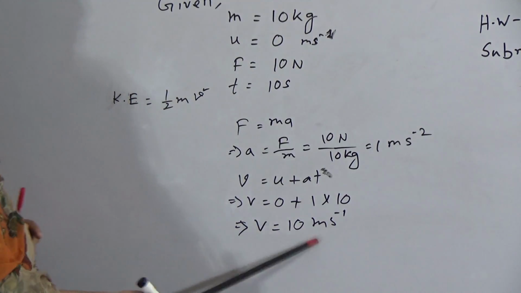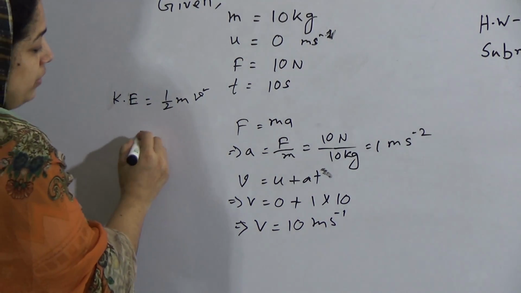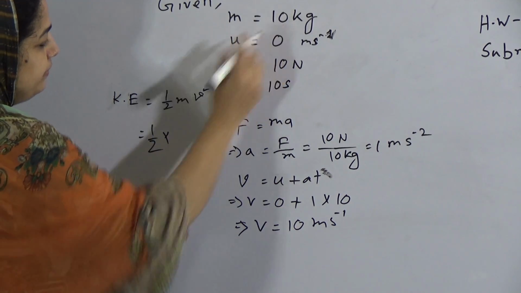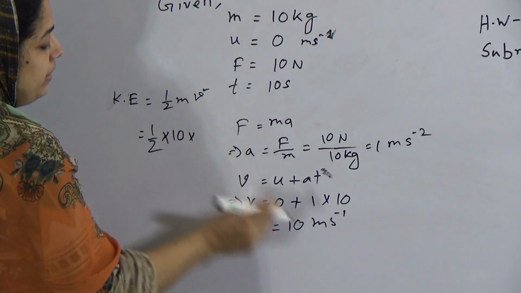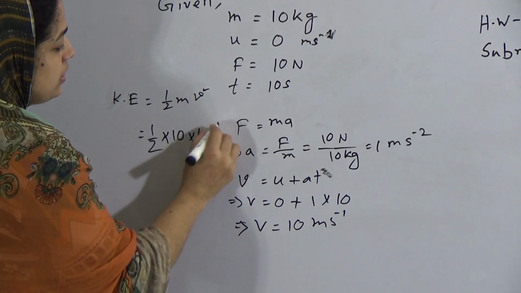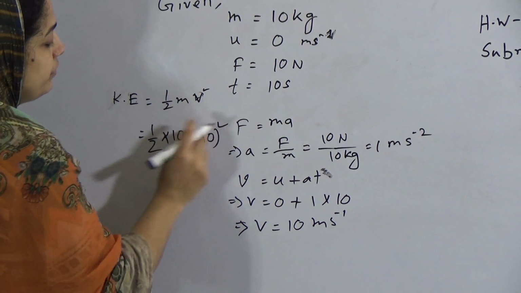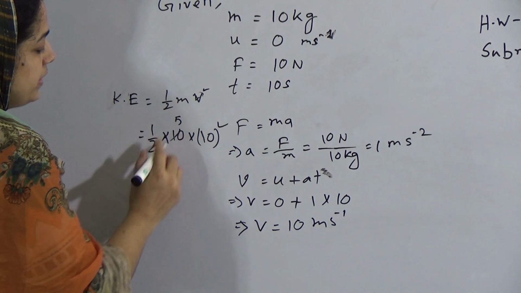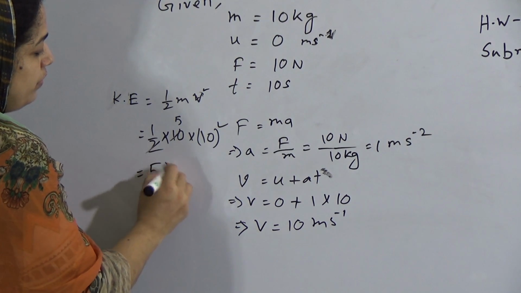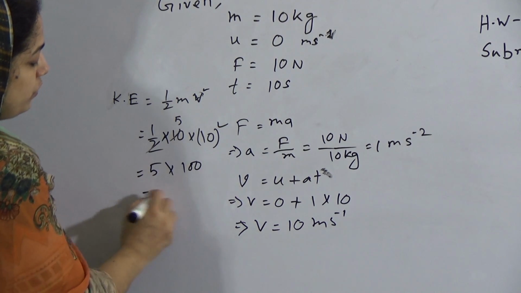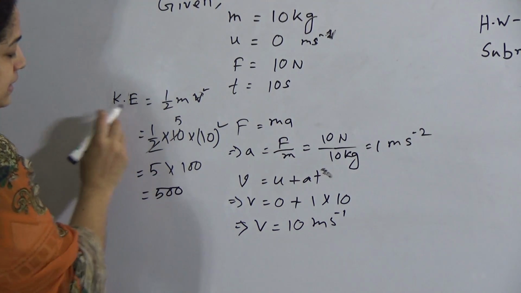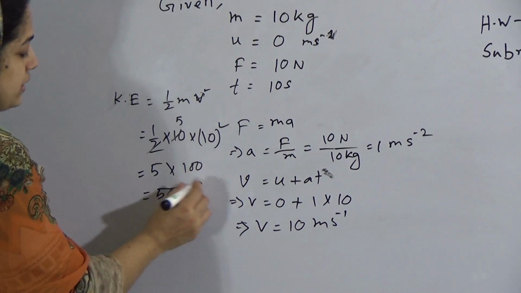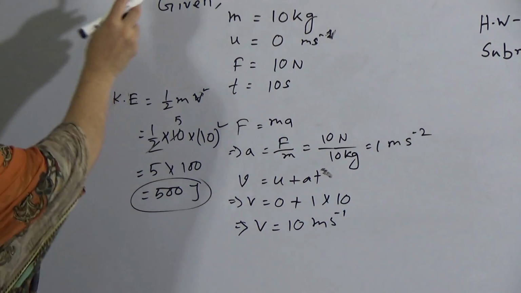Now we use this formula, put the value: m means 10 kg into v, 10 whole square. Here given square, so you have to write square also. 5 2s are 10, so 5 into 10 into 10, that means 100, so 500. What is the unit of kinetic energy? The unit of kinetic energy is joules. So this is the kinetic energy after 10 seconds.